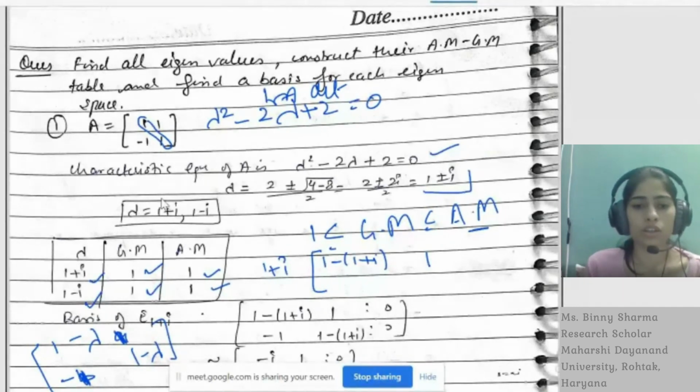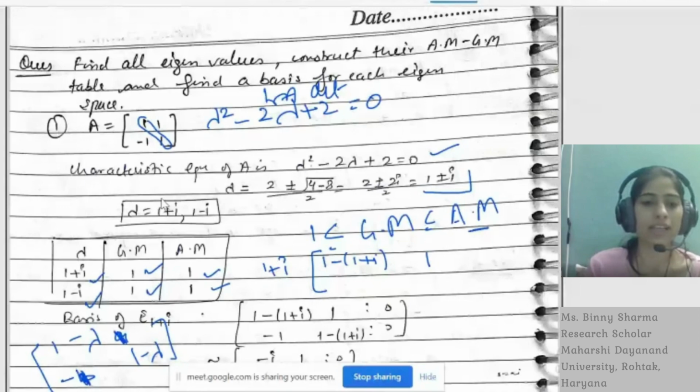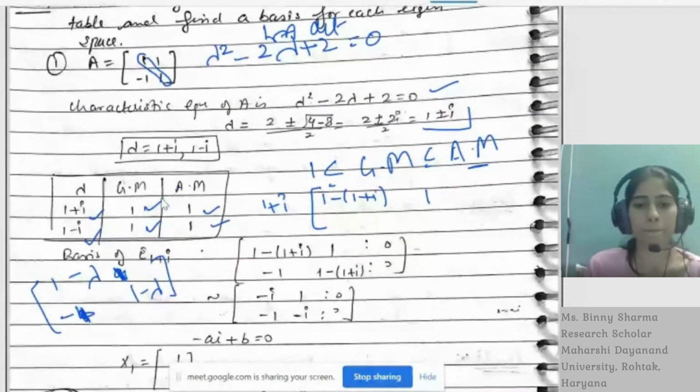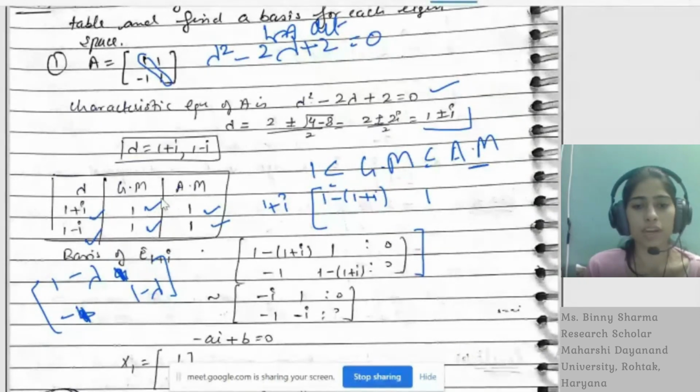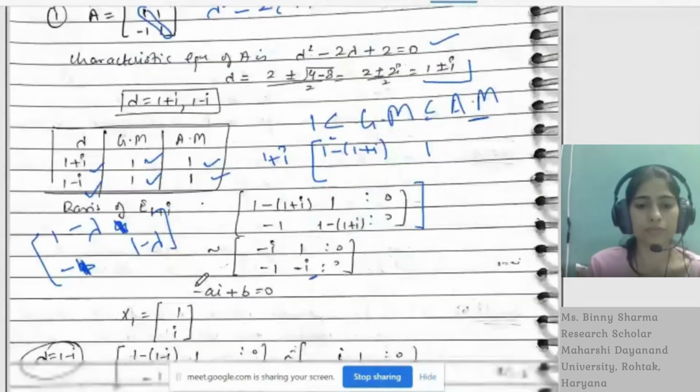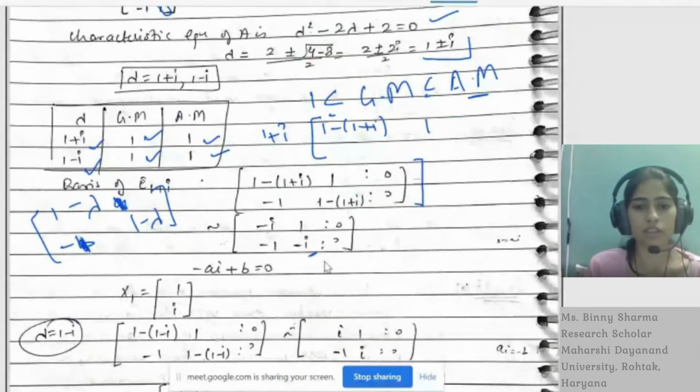Here lambda is 1 plus iota, so we get [minus iota, 1; minus 1, minus iota]. Its rank is 1.